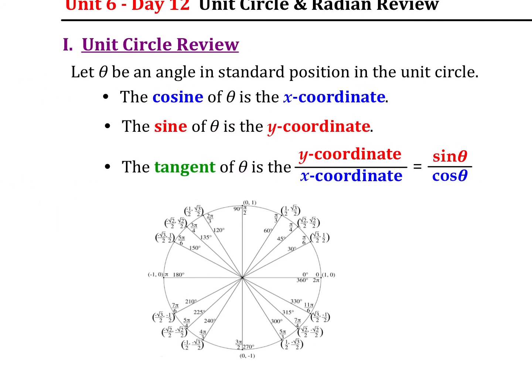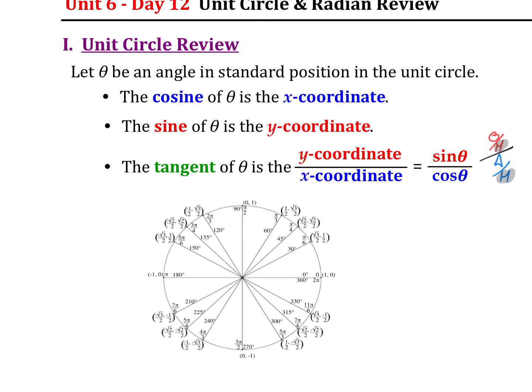Well, if I know that the sine of a function is the opposite over hypotenuse, and the cosine of a function is adjacent over hypotenuse, what I could say is that the opposite over hypotenuse divided by the adjacent over hypotenuse, since the hypotenuse is in the denominator of both of these fractions, they'll essentially nullify one another.